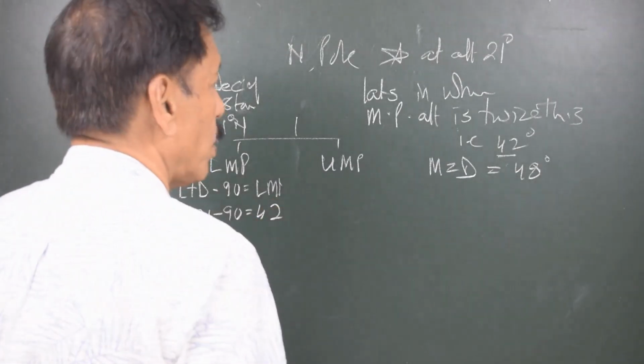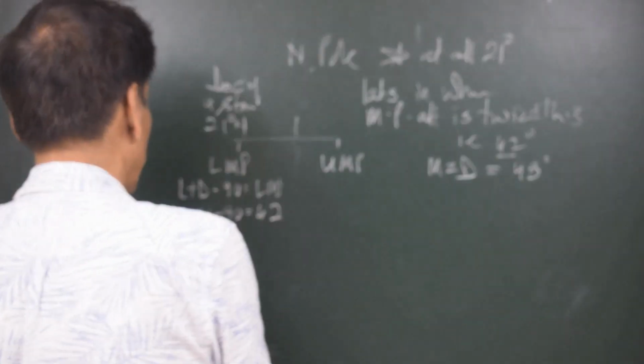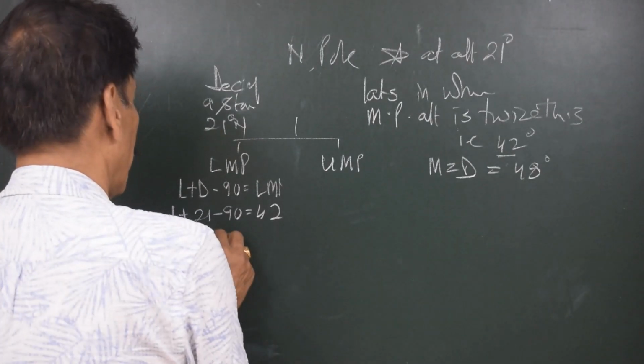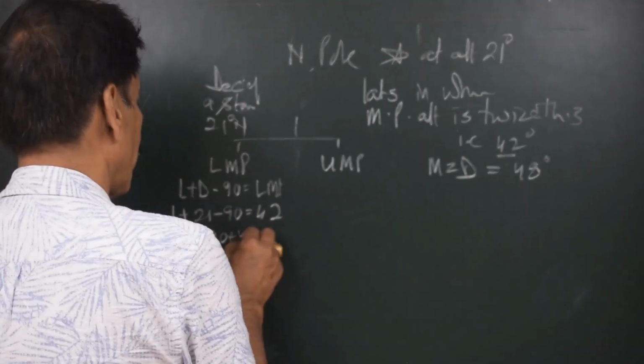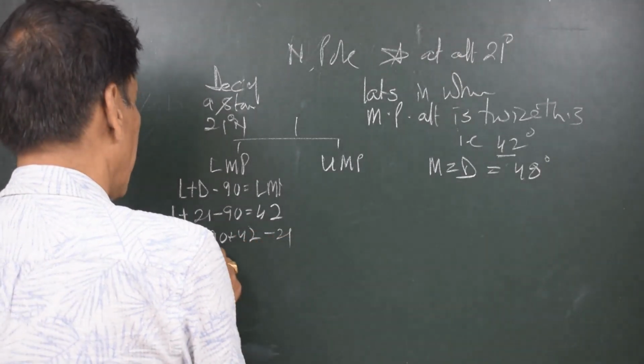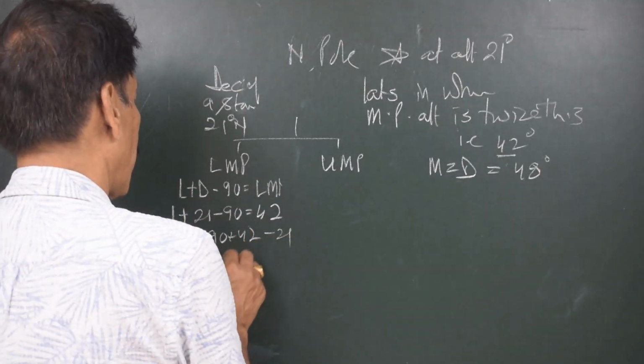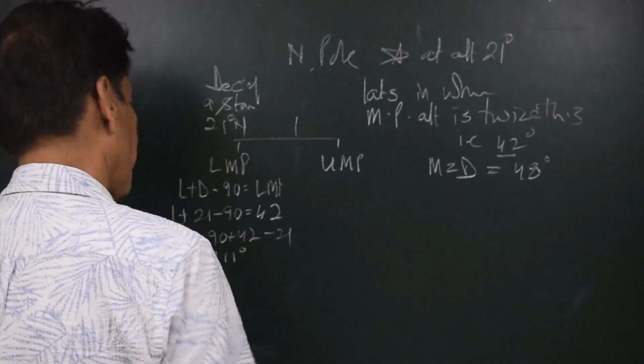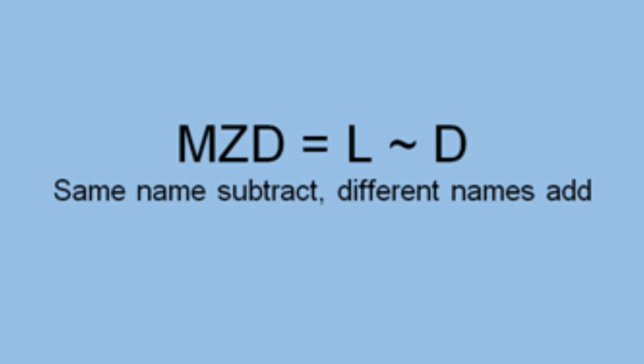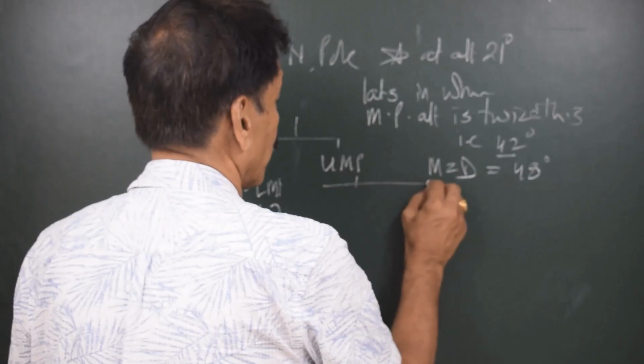That is the meridian altitude, right? Which means that latitude is equal to 90 plus 42 minus 21. That is, latitude is equal to 111 degrees, right? Which is not possible.